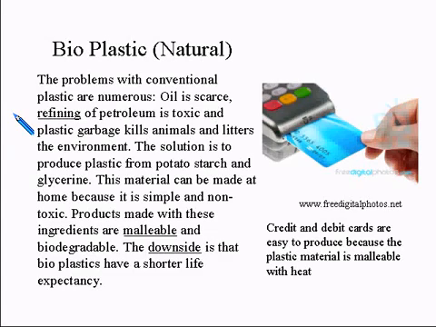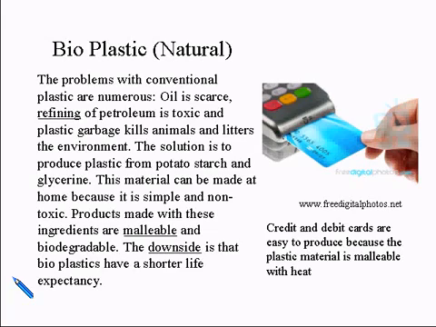The solution is to produce plastic from potato starch and glycerin. This material can be made at home because it is simple and non-toxic. Products made with these ingredients are malleable and biodegradable. The downside is that bioplastics have a shorter life expectancy.